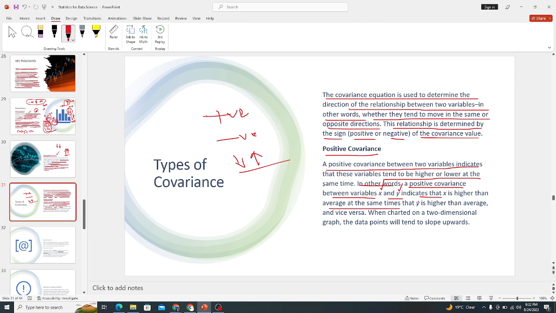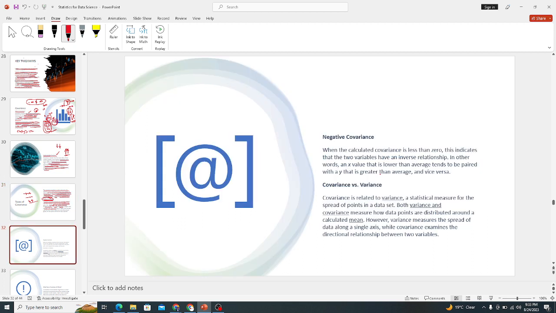If x is lower, then y will also be lower. So basically this is what positive covariance means. This is the same thing, I won't repeat this. I've already talked about this.